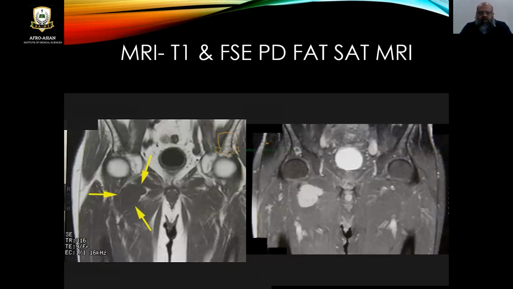This is the MRI, the T1 and fat-saturated images. Here you can see that lesion. This is the head of the femur, and the mass is there.